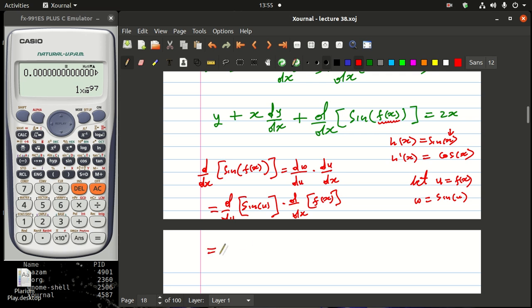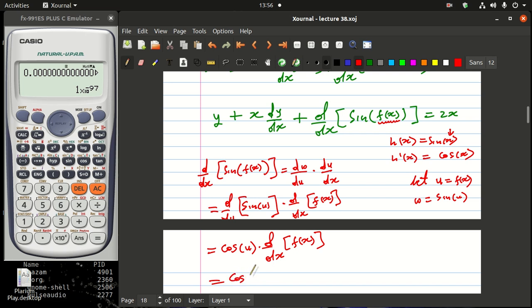So what is this saying? What is the derivative of sine of u with respect to u? This is just supposed to be cosine of u times d dx of f of x here. And if I notice here, my u was actually the same as f of x.